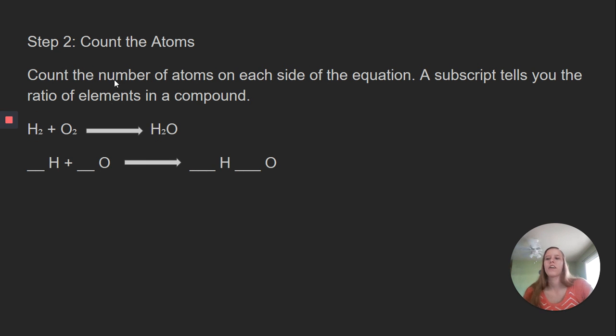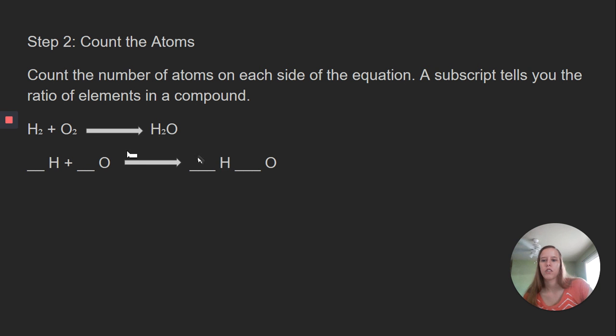Second, we are going to count the atoms. Count the number of atoms on each side of the equation. A subscript tells you the ratio of elements in a compound. So here we have H2 plus O2, which gives us H2O. With our H, we're going to have 2. Our O, we're going to have 2.